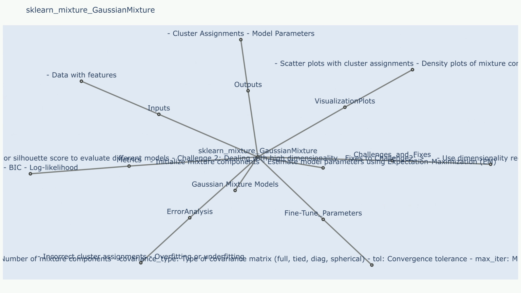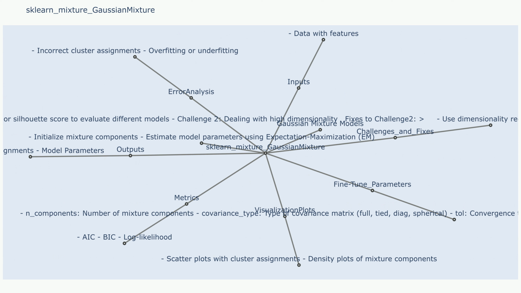Steps. Initialization: the algorithm starts by randomly initializing the parameters of the Gaussian components. Expectation step: the algorithm calculates the probability of each data point belonging to each Gaussian component, based on the current parameters. These probabilities are known as responsibilities.